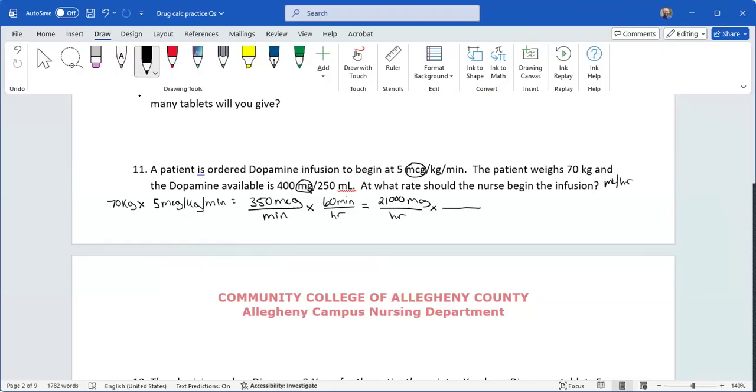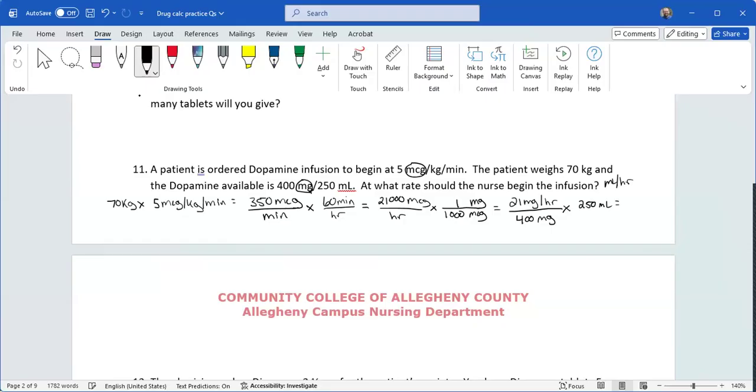And then I'm just going to convert. You could also just move your decimal point over, but I'll just show the conversion since I'm already writing in that style. So we have 1,000 micrograms in a milligram. So we have 21 milligrams per hour. And then what I can do is just do my typical desired over available. So 21 milligrams over my available, which is the 400 milligrams, times the 250 ml.